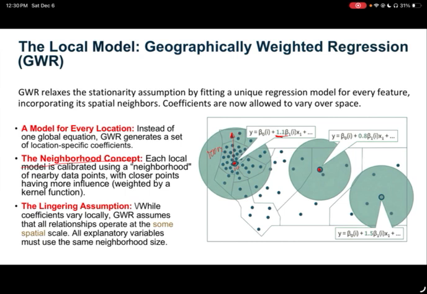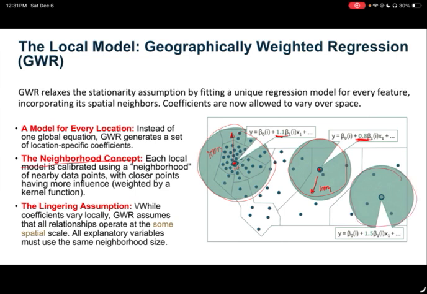They take the same bandwidth value or distance, for example the same 100 meters, calculate the regression within this 100 meter buffer area, and get a specific coefficient value, and they do the same thing in all areas. But you must note that GWR uses the same buffer area size for all its features.